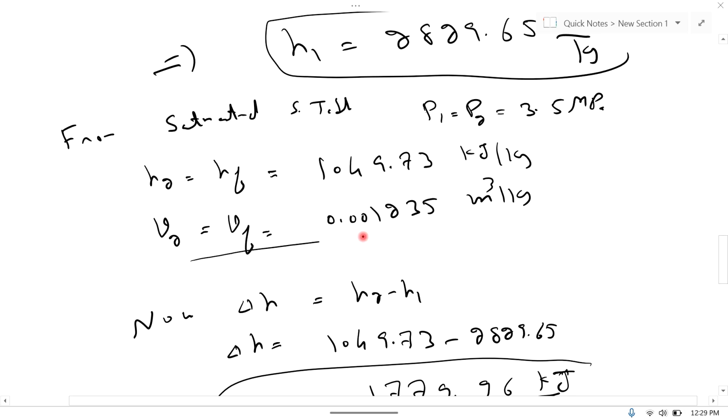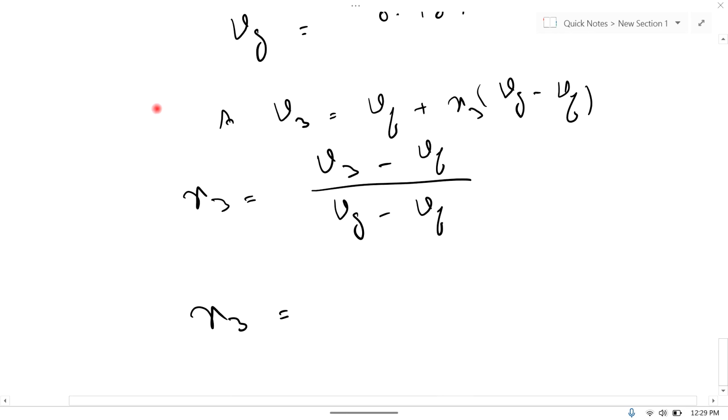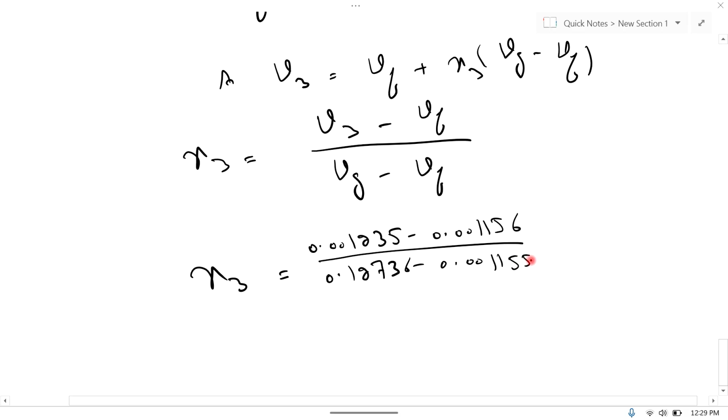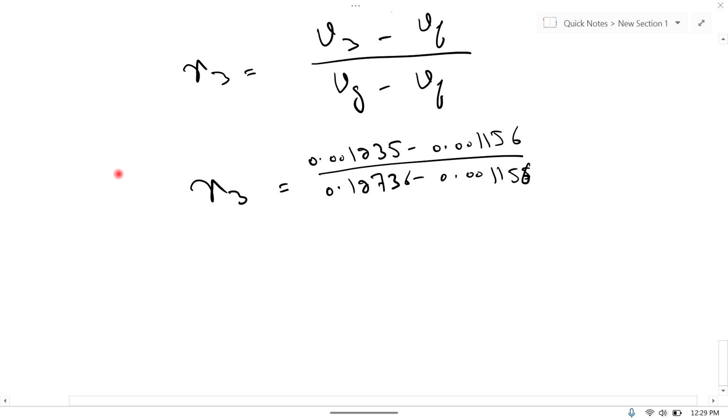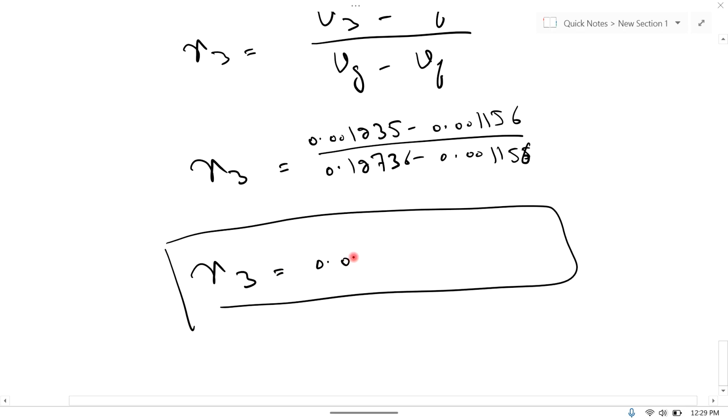V2 and V3 are equal to 0.001235. So x3 is 0.001235 minus 0.001156 divided by 0.12736 minus 0.001156. Now simplify this and x3 is 0.0006259. And this is the end of the problem.